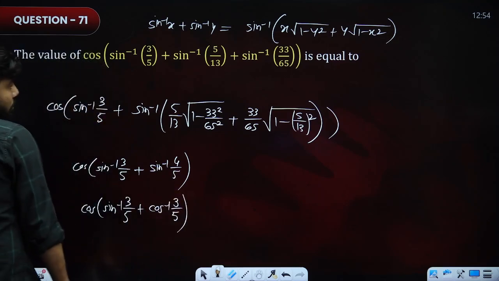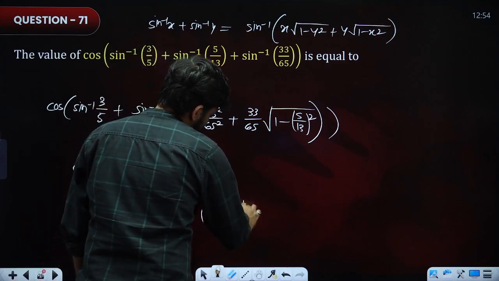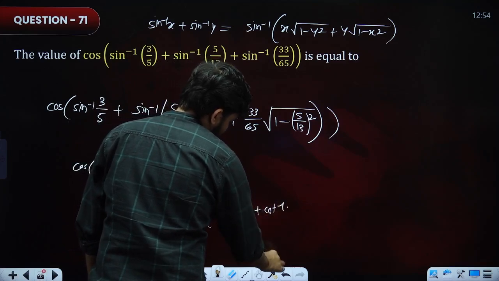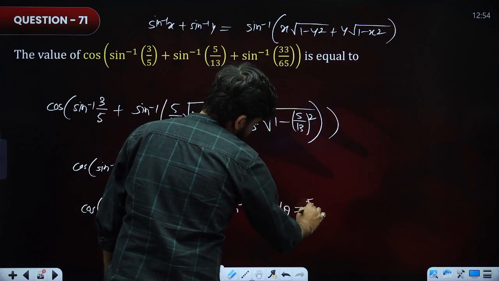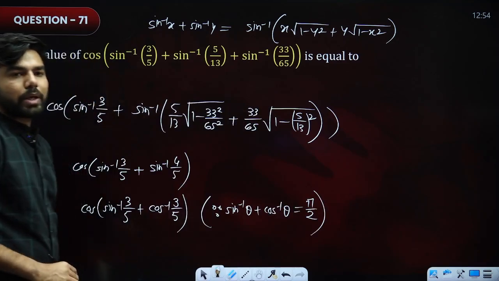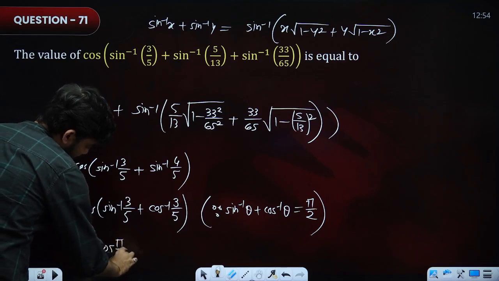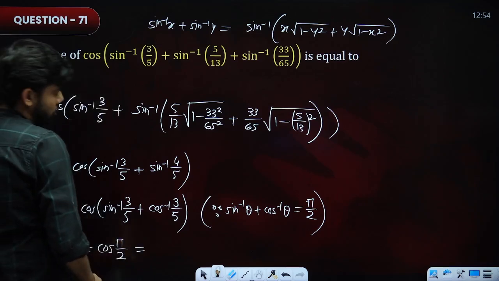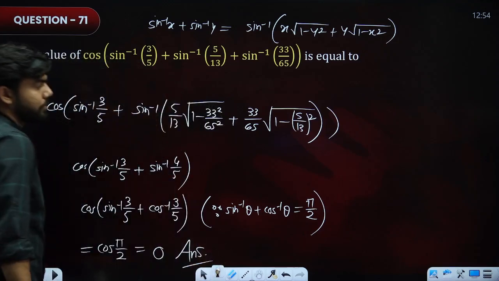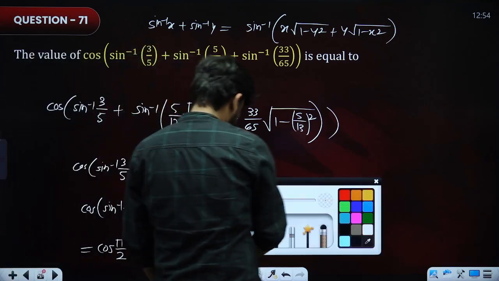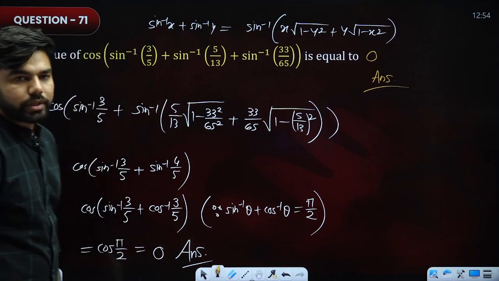Okay, so we also know that sin inverse theta plus cos inverse theta is equal to pi by 2. So it is equal to cos pi by 2, and cos pi by 2 is equal to 0, and 0 should be the answer over here. Okay, so it is equal to 0. Okay, you can check the solution over here.